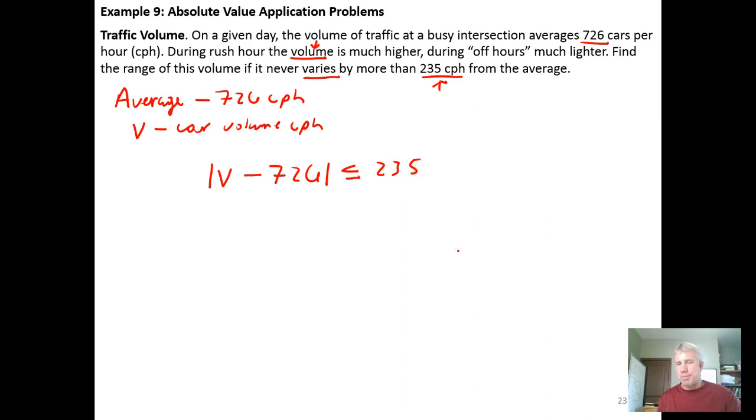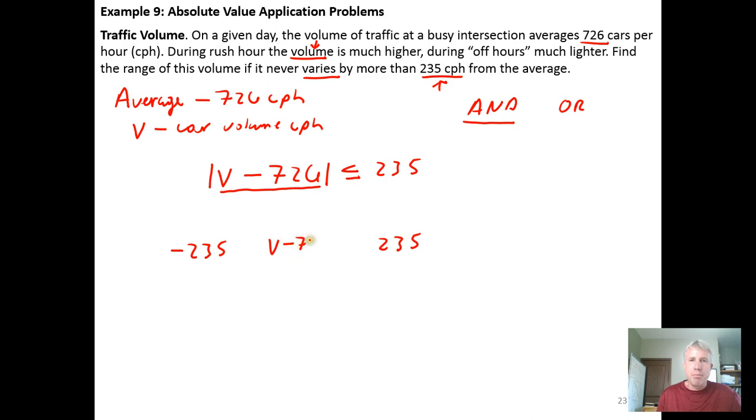Once I get my absolute value inequality set up, I want to look at the inequality symbol that I have, and identify, am I in an AND situation, or am I in an OR situation? In this case, because of the less than or equal to symbol, I am in the classic AND situation, which means 235 and negative 235 are going to be my boundary numbers, but my algebraic expression is going to be between those boundary numbers.